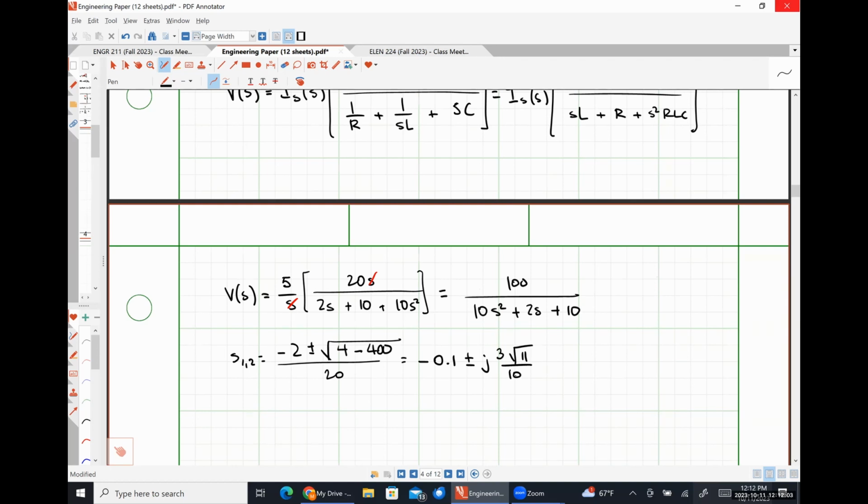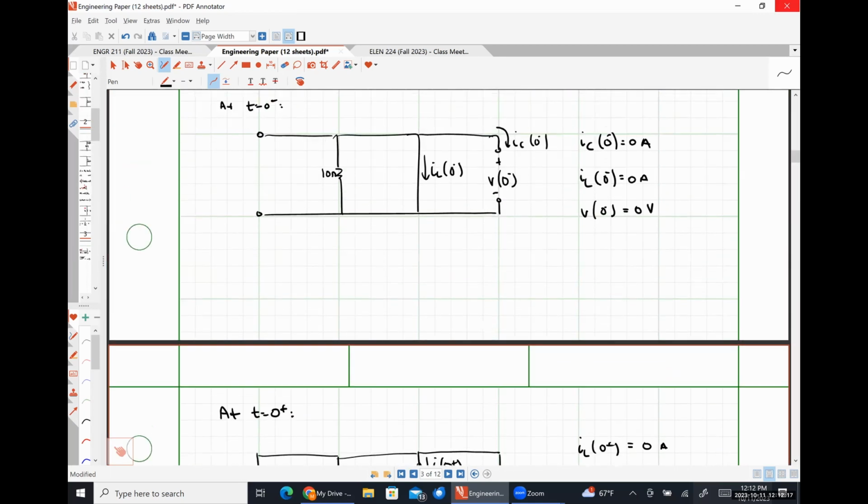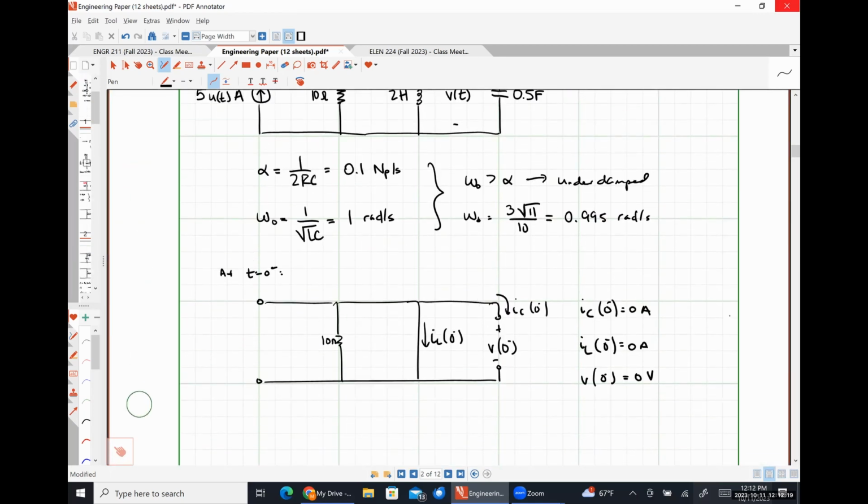Do those numbers look familiar? That's alpha and that's omega naught, or omega D, actually. Right? Or was it omega naught? I think it was omega D. Omega D, here I calculated it as the square root of omega naught squared minus alpha squared. Let me write that down for you.